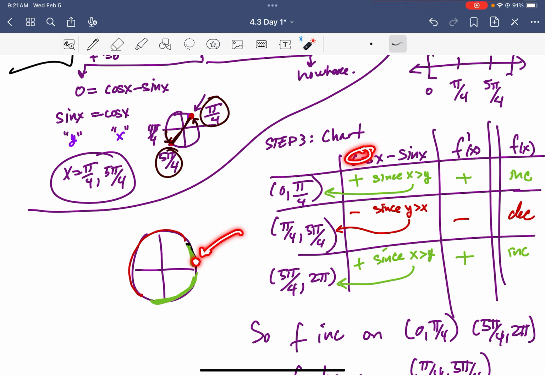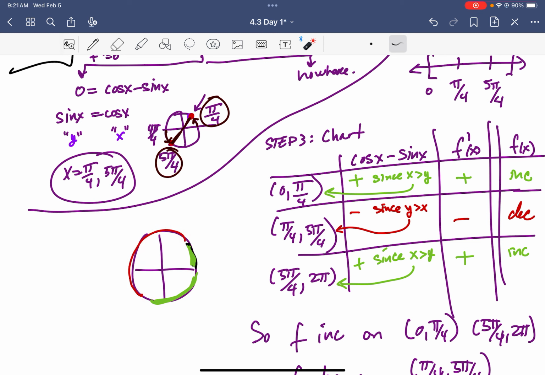So x-coordinate minus a bigger y-coordinate, since your x is bigger than your y, when you take x minus y, you're going to get a positive number in this interval.